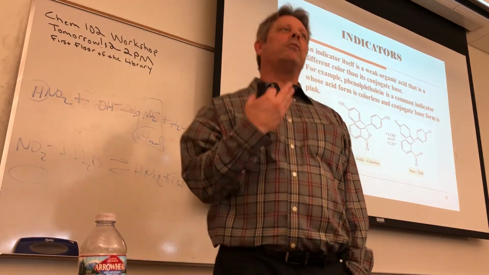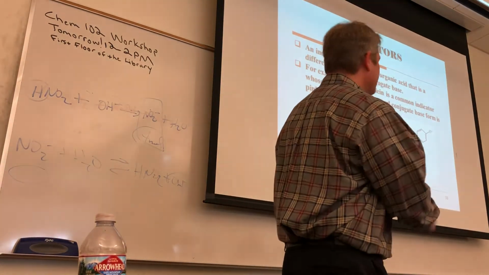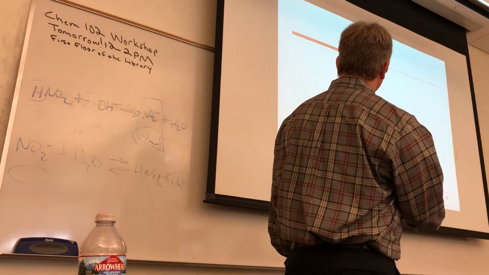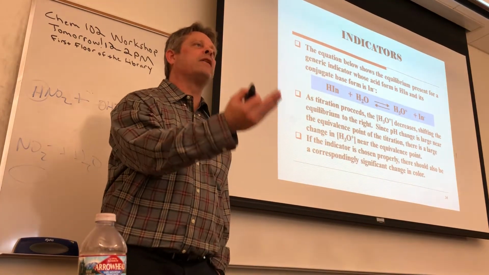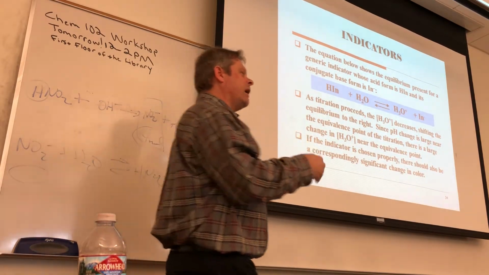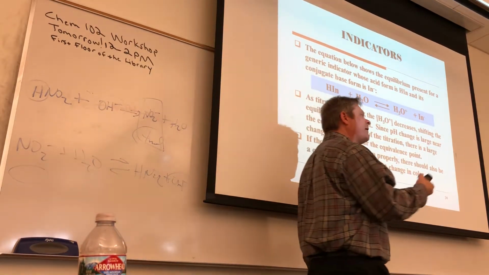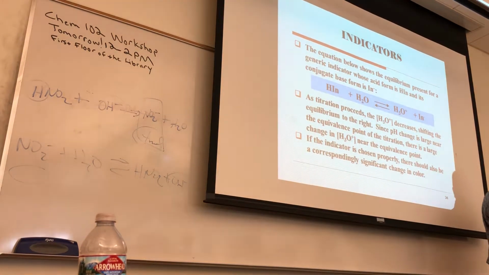So in an acid, it's gonna look more like this, hence more like that. That's really important, what I'm saying there. It's hard to reconcile that sometimes. You just wanna look at this linearly. That is the equation for the indicator with water on its own. But you don't care about an indicator on its own in water. You care about the indicator in the context of some solution, and that's where it has a role.